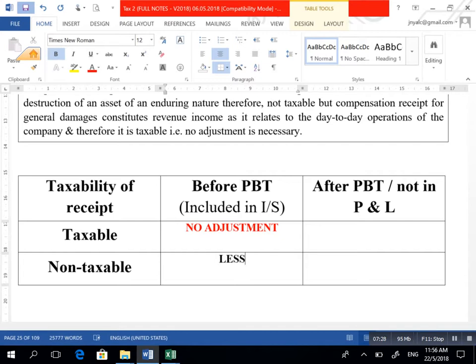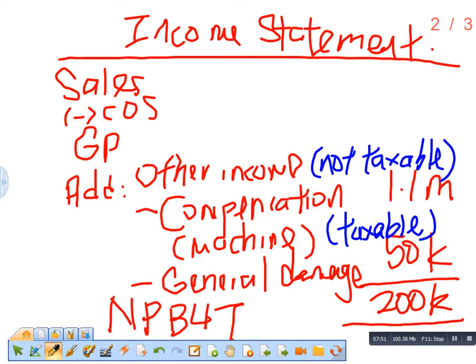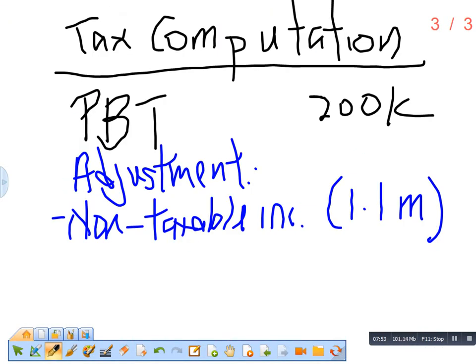Yes, you minus, less. So that's why you can see that in my example just now, I only minus the 1.1 million. Okay, right? So this is the adjustment.